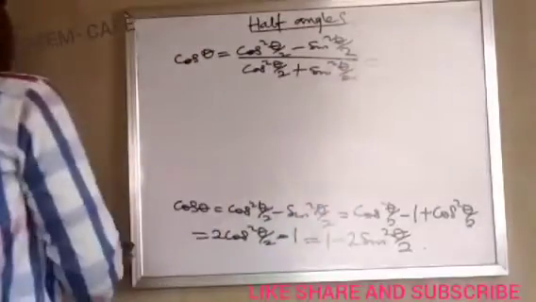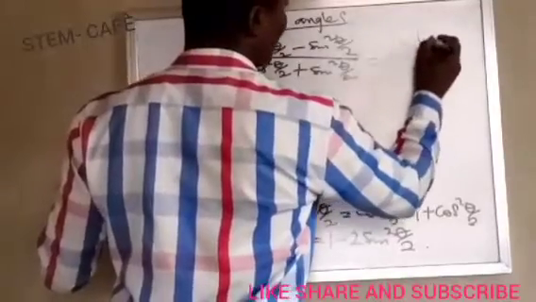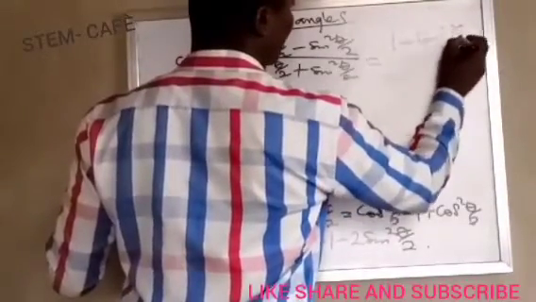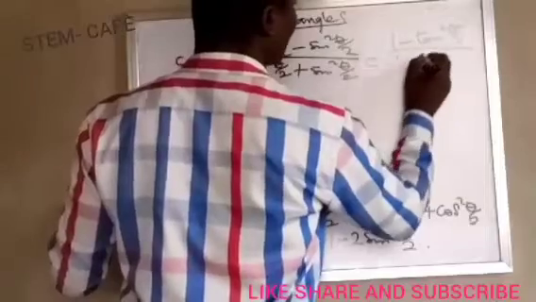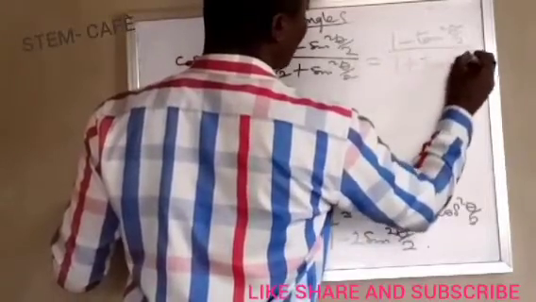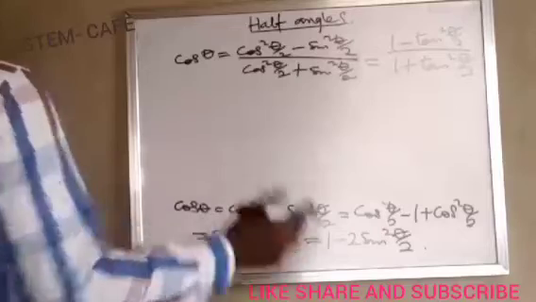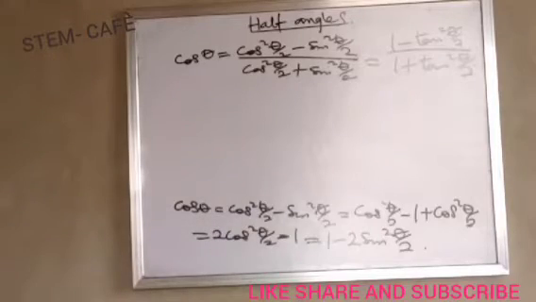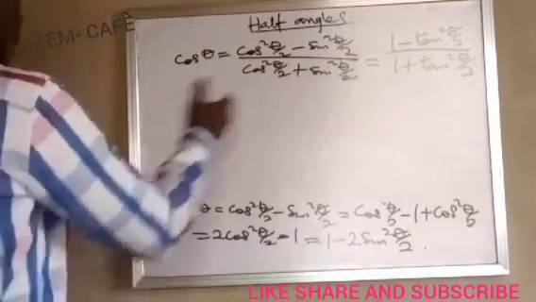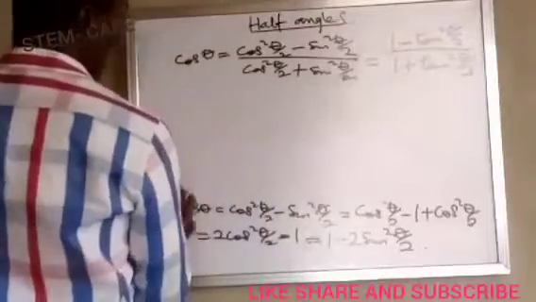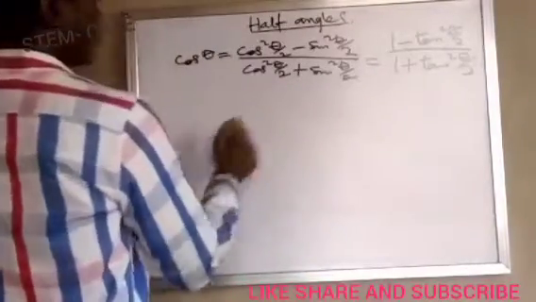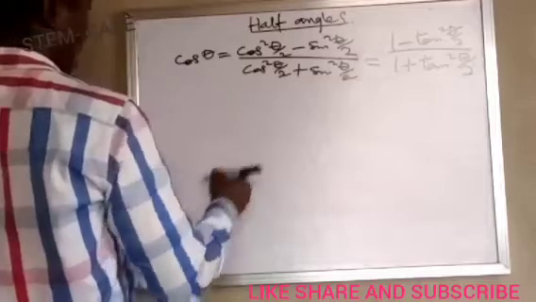Dividing denominator and numerator by cos square theta over 2, I'm going to have 1 minus tan square theta over 2 over 1 plus tan square theta over 2. And solving using a quadratic equation, I can get tan theta over 2 straight from there, and cos theta over 2 and sin theta over 2 later on.